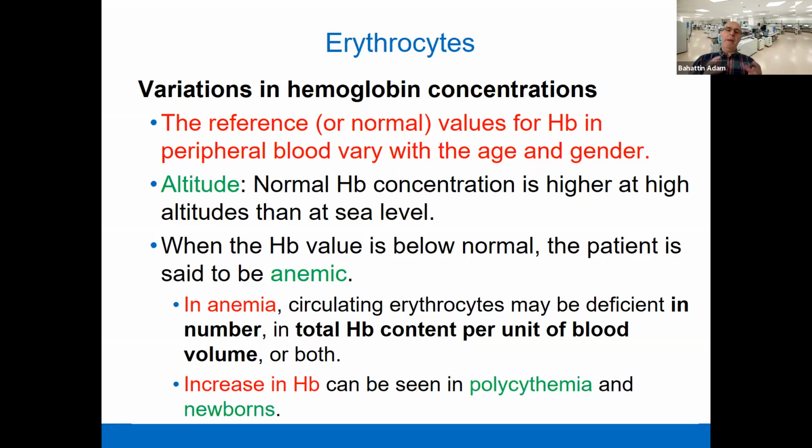Either the number of erythrocytes will decrease, or the total content of the hemoglobin will decrease, or both will change. We call this anemia. An increase in hemoglobin can be seen in polycythemia, which we call polycythemia vera. In newborns also, the number of erythrocytes and hemoglobin is higher than in adults.